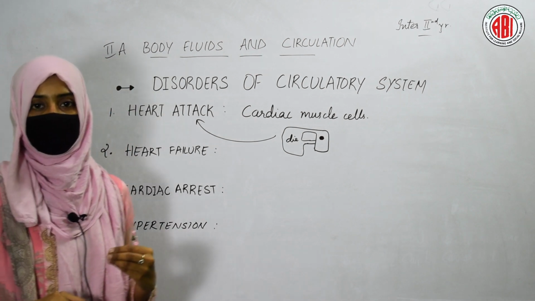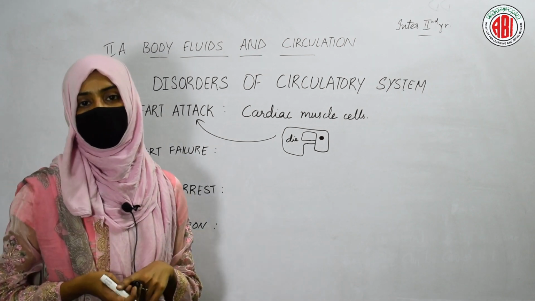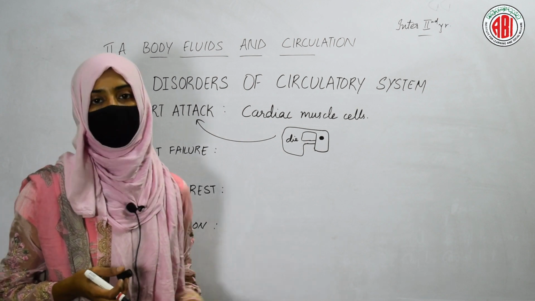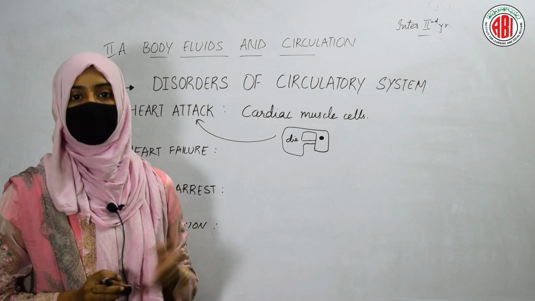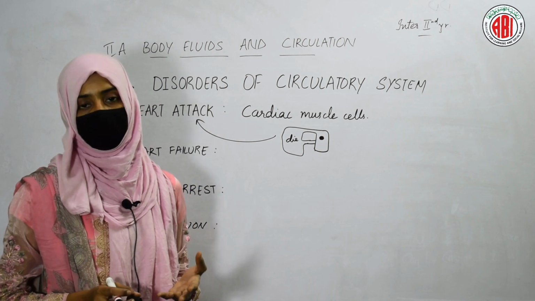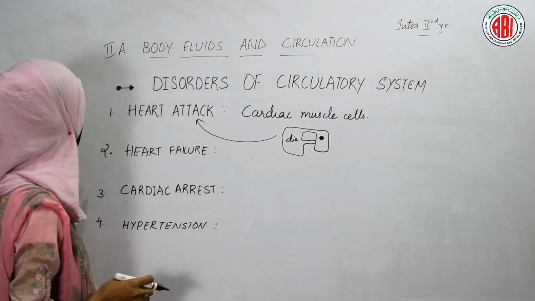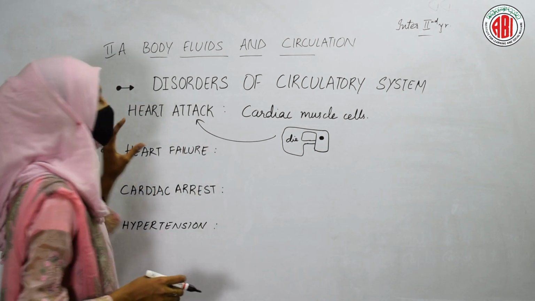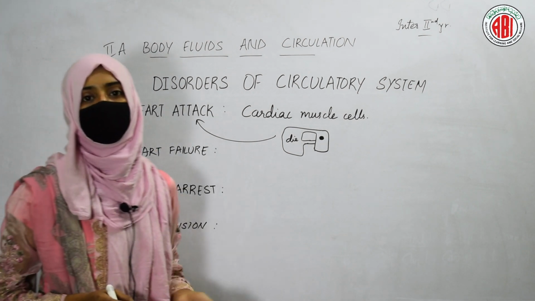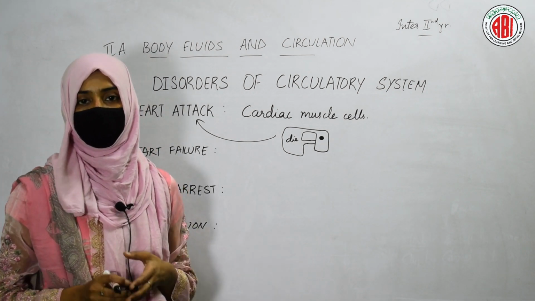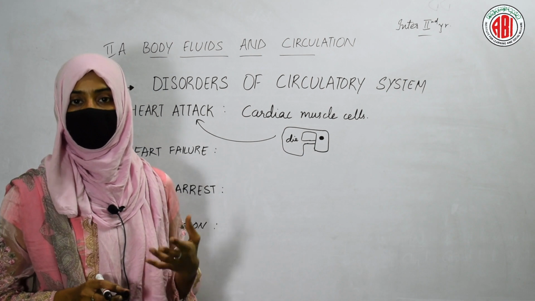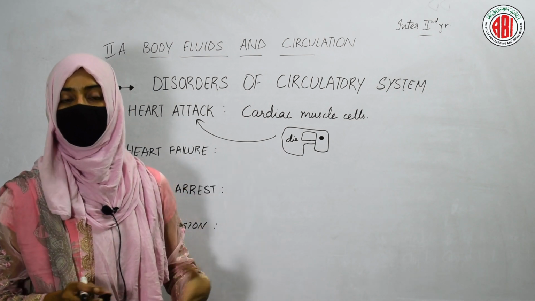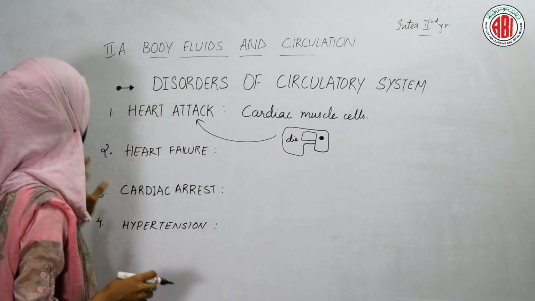The next one is heart failure. We know that the main function of our heart is to circulate the blood throughout our body. If it fails to do that function, then we call that condition heart failure. If the heart fails to pump the blood into the different organs of our body, if it is unable to perform its function, we call that heart failure.